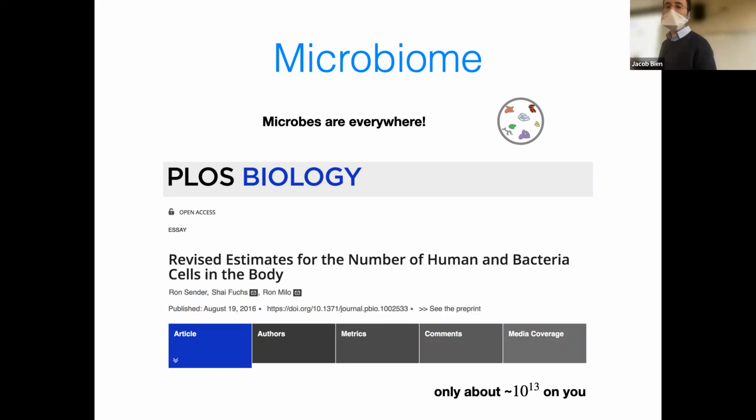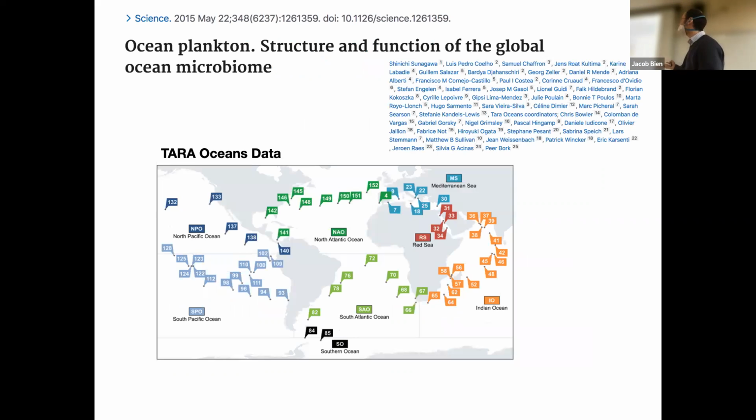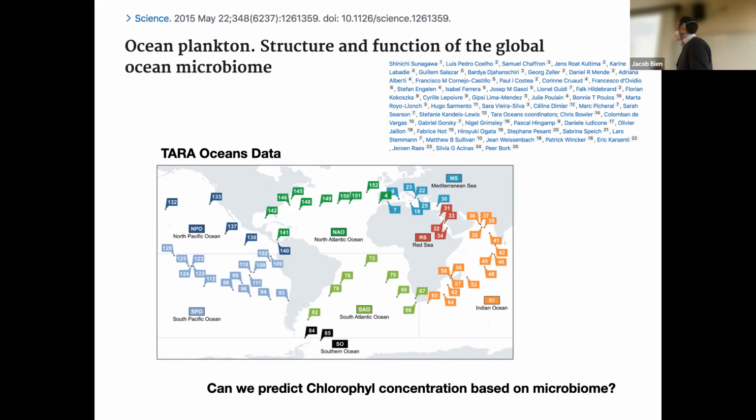So I've been working with some oceanographers, and oceanographers like to study the microbiome of different sites in the ocean and try to understand that variability. And if we're thinking about this problem, we could formulate certain prediction problems where we want to predict something, for example, the chlorophyll concentration as a function of the relative proportion of different microbes living in a given location.